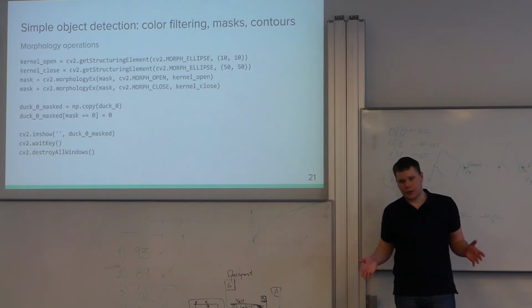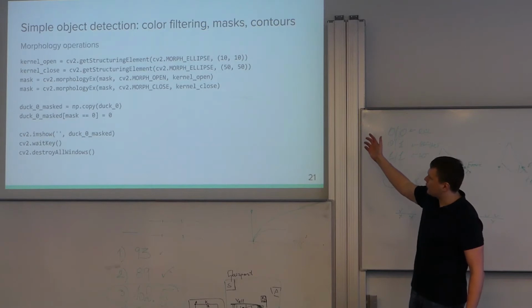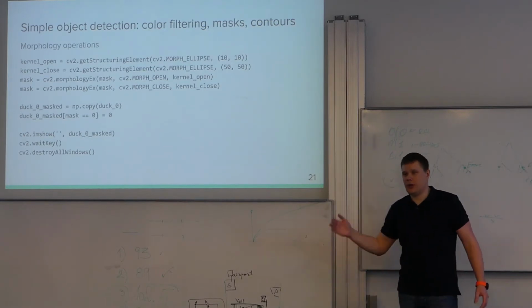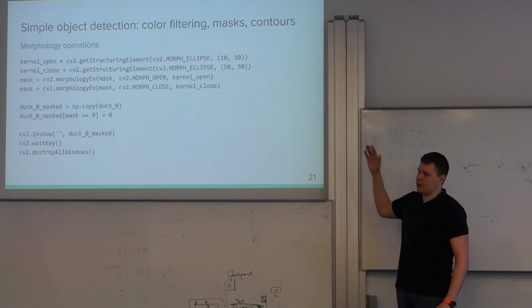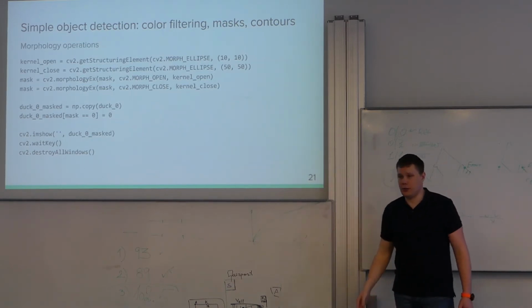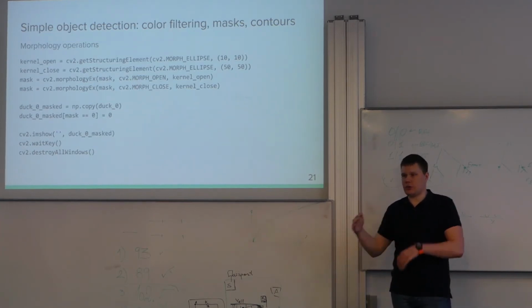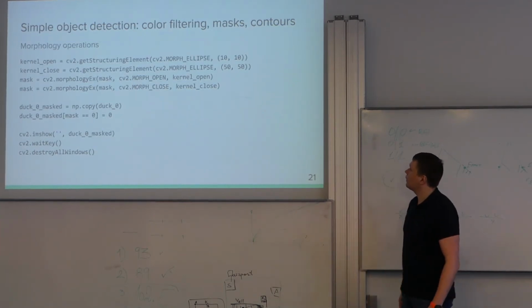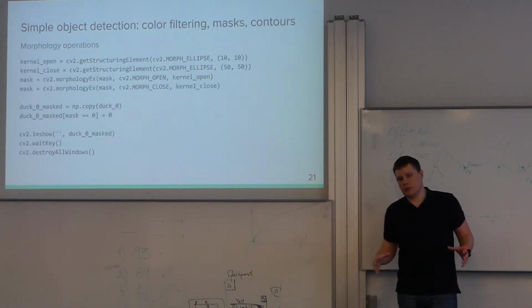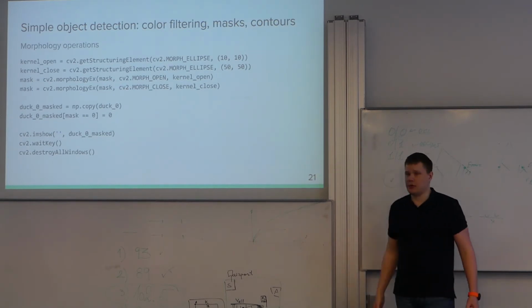We can make it bigger, we can make it smaller. For example, for the opening operation, we say that we want to remove objects smaller than 10 by 10 pixels, or 10 in one dimension. And for the close operation, we want to remove holes smaller than 50 by 50.